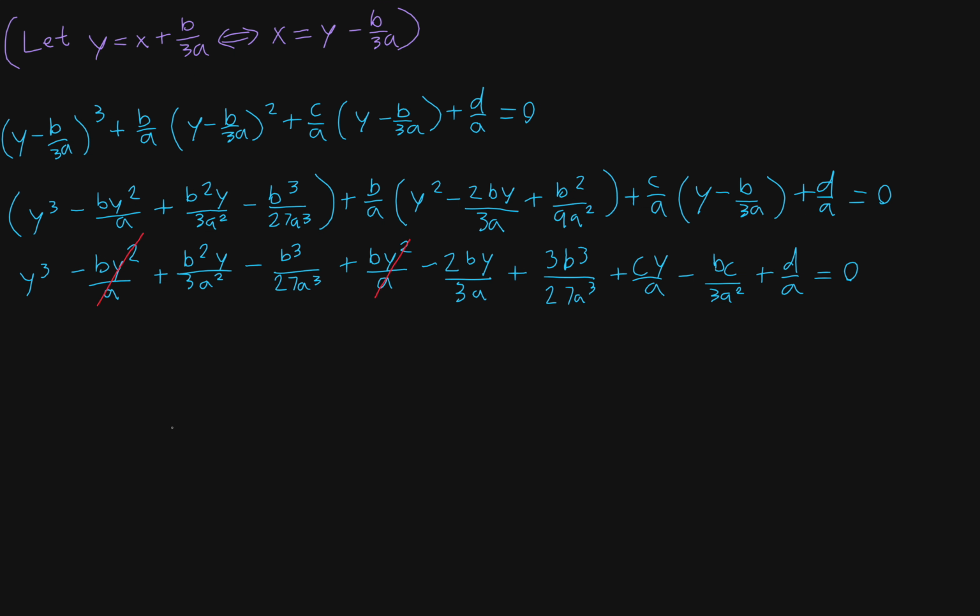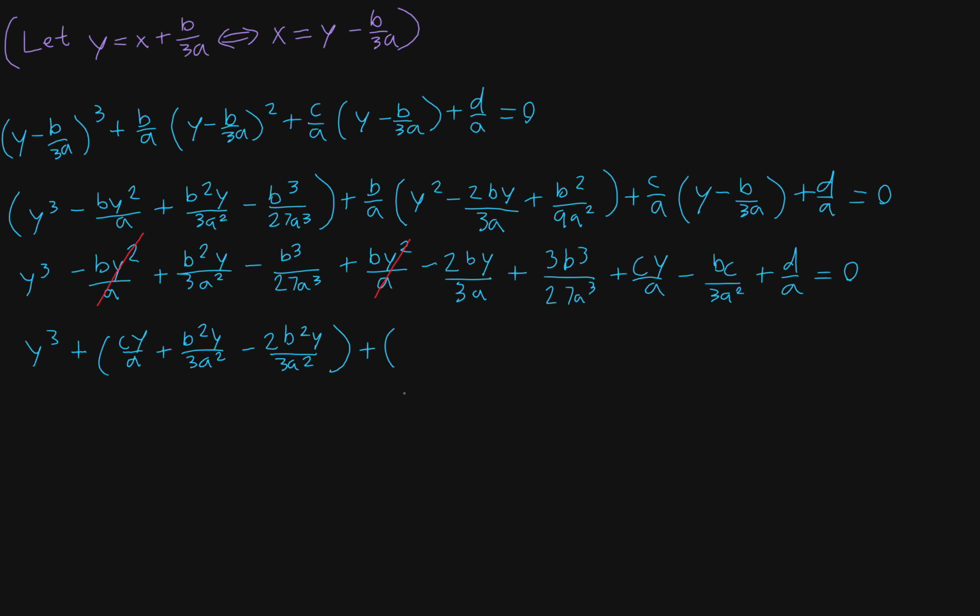Now we can simplify things some more. We're going to have y³. I'm going to separate these into their terms now. Here we're going to have, in brackets, cy/a plus b²y/3a² minus 2b²y/3a². See here I have all the factors with y in there.